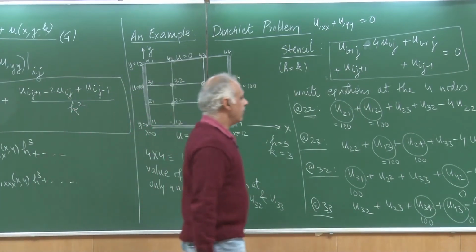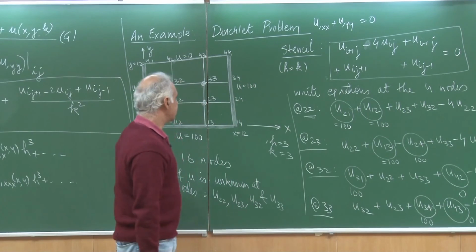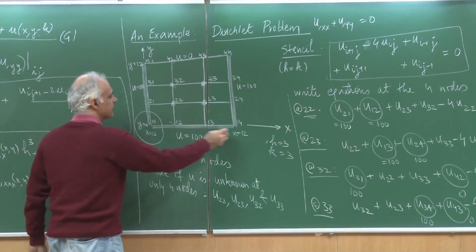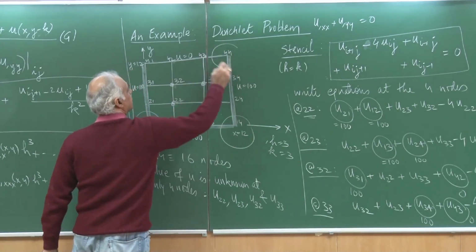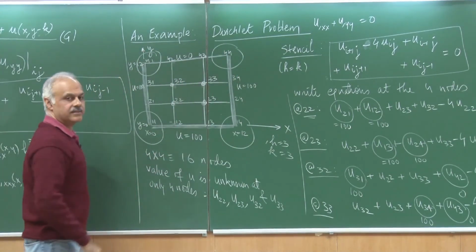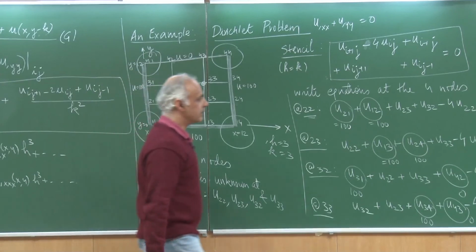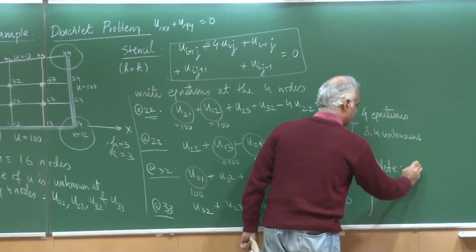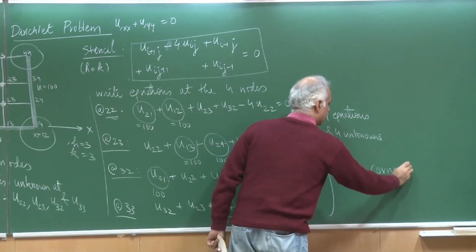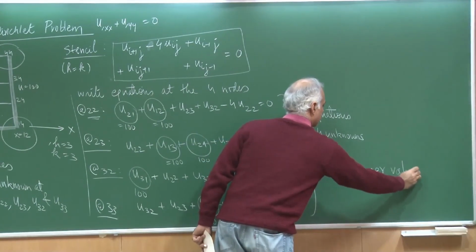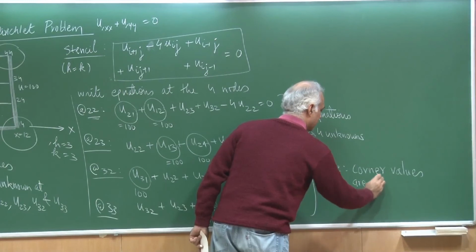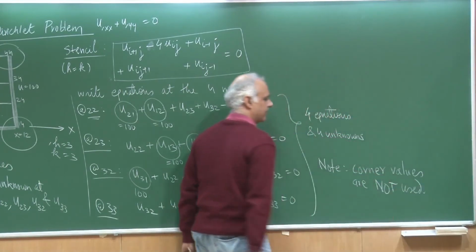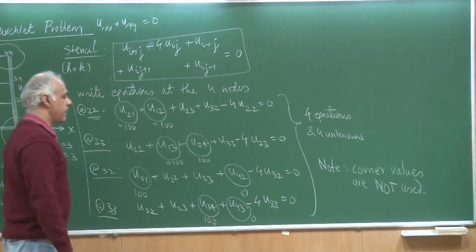All right. One thing that I would like you to notice is that these values are never used. Note, corner values are not used, which is a little bit strange.